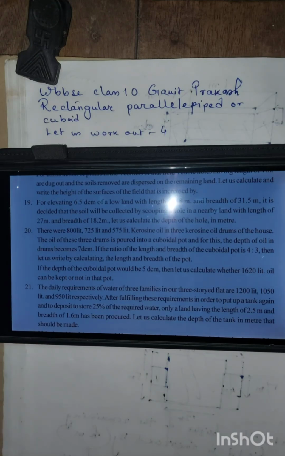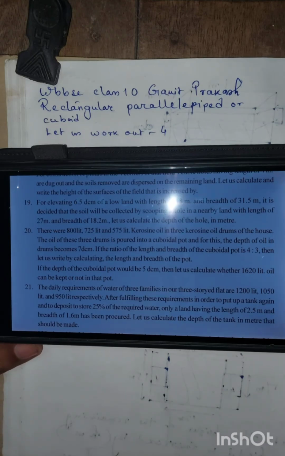We were solving exercise 4 from the chapter rectangular parallelepiped or cuboid. This is from the book Ganit Prakash of class 10. Today we are going to start from question number 19.